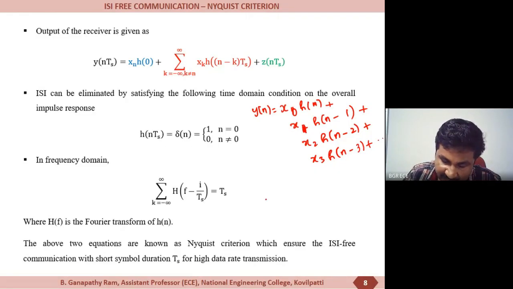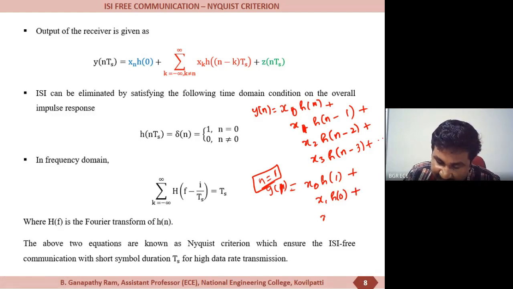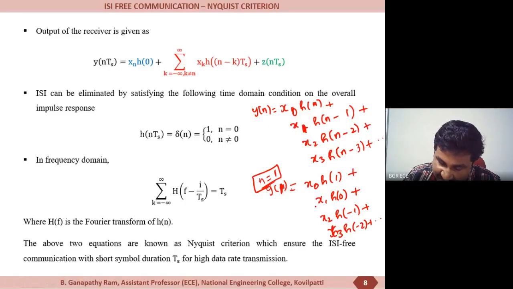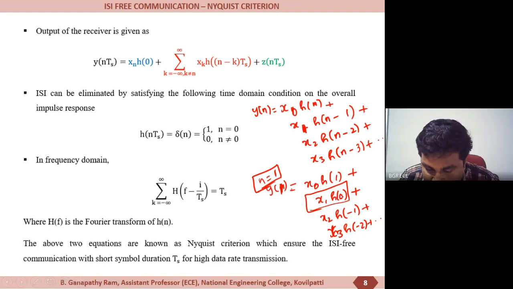If you put n equal to 1, at the time n equal to 1, y of 1 will be x of 0 into h of 1 plus x of 1 into h of 0 plus x of 2 into h of minus 1 plus x of 3 into h of minus 2 and so on. Now the intentional signal is x of 1 into h of 0.